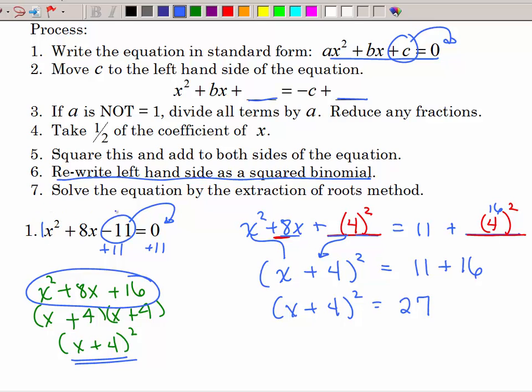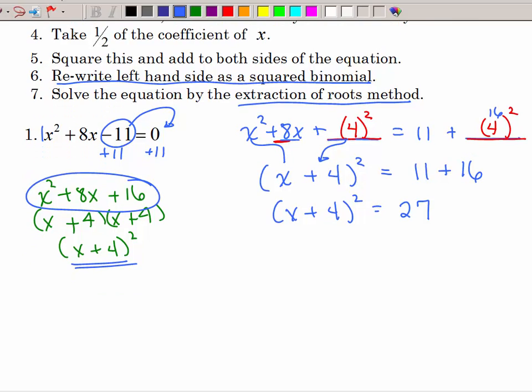Now we want to solve by the extraction of roots method. That was the previous method that we saw. So how do we do that? Well, we want to get rid of that square, so we want to take the square root of both sides, and remember our plus or minus sign. We want to simplify that square root, so that's 3 times 9.